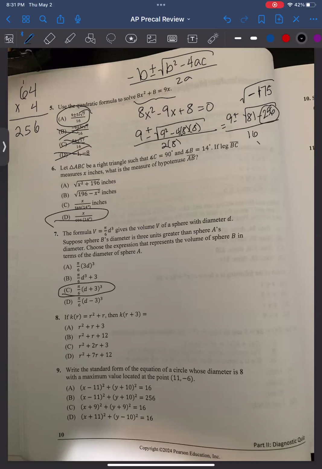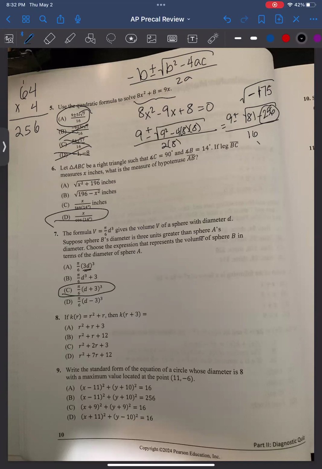It is C because it says that the diameter is 3 units greater than sphere A. So, like Emily said, A is really saying 3 times the size. Also, 3d would be a horizontal shrink by 1/3. Remember that when it's right next to the x value, or in this case d, it's the opposite.